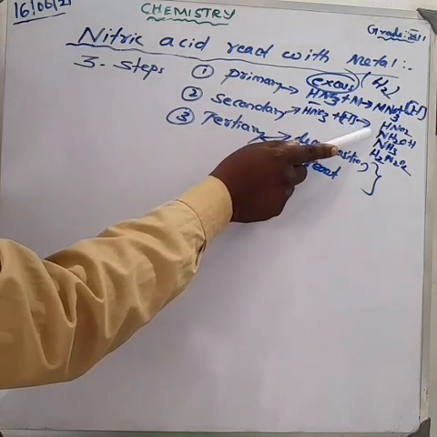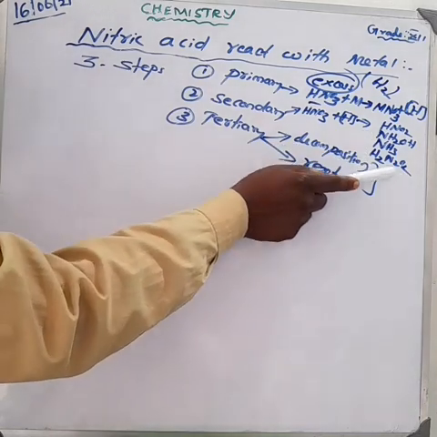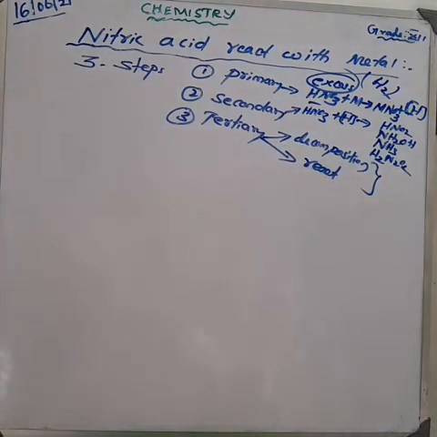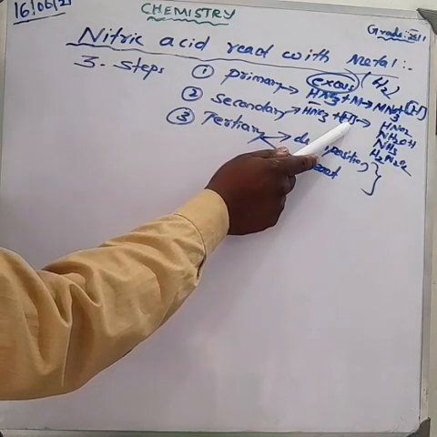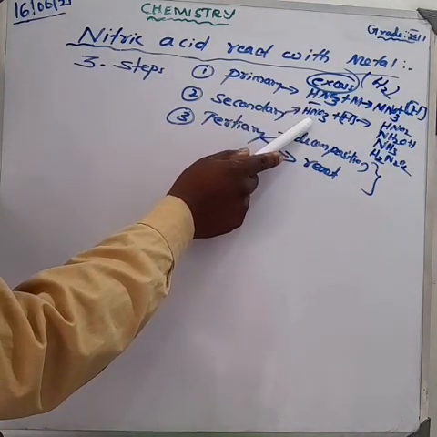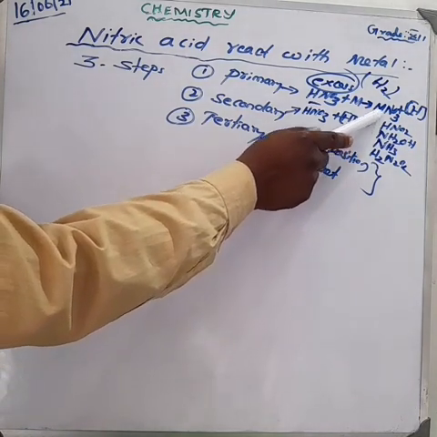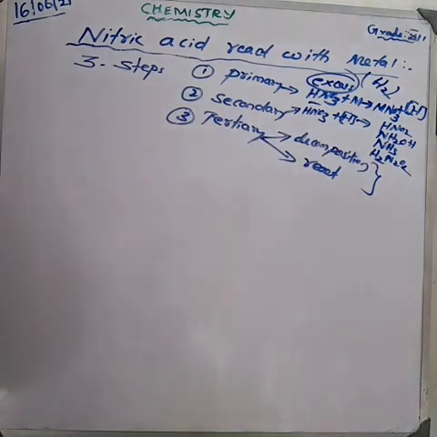It may be nitrous acid, or hydroxylamine, or ammonia, or hyponitrous acid, like that. The nascent hydrogen reacts with the unreacted nitric acid and produces reduction products.